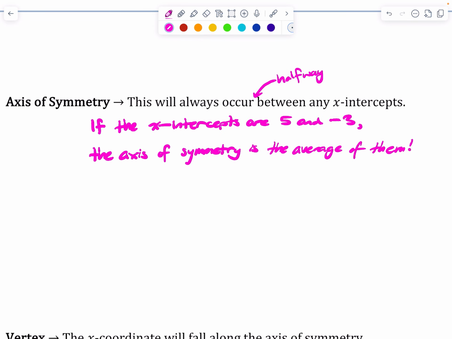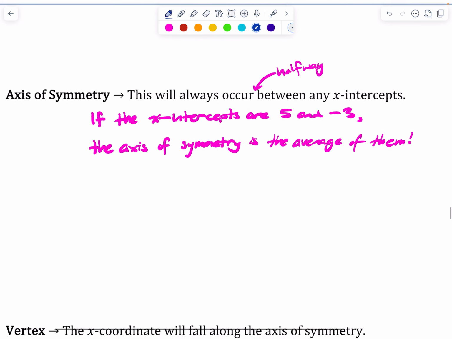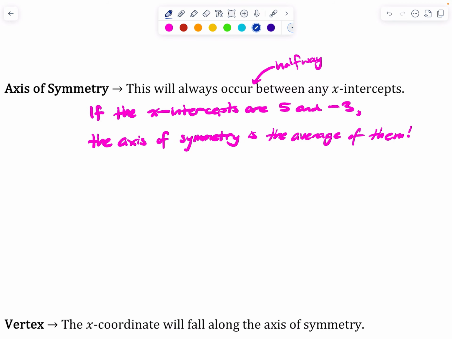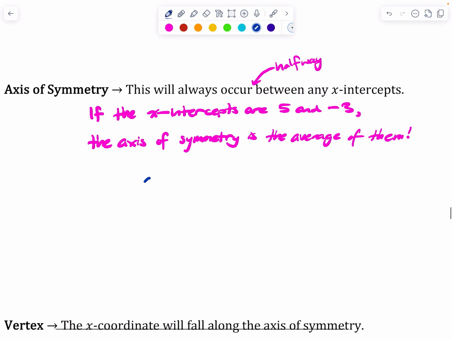And to take the average of two numbers, we just add them together, divide by 2. So your axis of symmetry is where x is the average of those numbers, 5 plus -3 divided by 2.